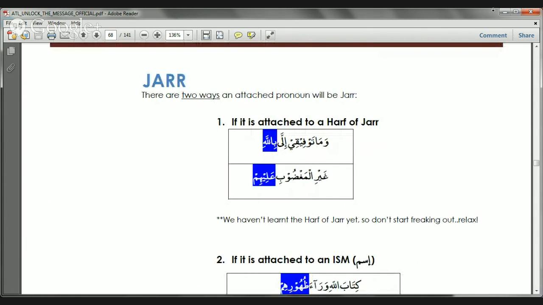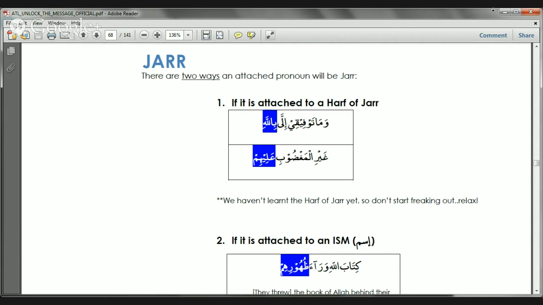The harf is bi actually. And then عَلَيْهِمْ غَيْرِ الْمَغْضُوبِ عَلَيْهِمْ. Now, the attached pronoun is hi. What's the harf on the bottom one? Him. Hum became him. Again, we haven't learned the harf of jar yet, so don't start freaking out.